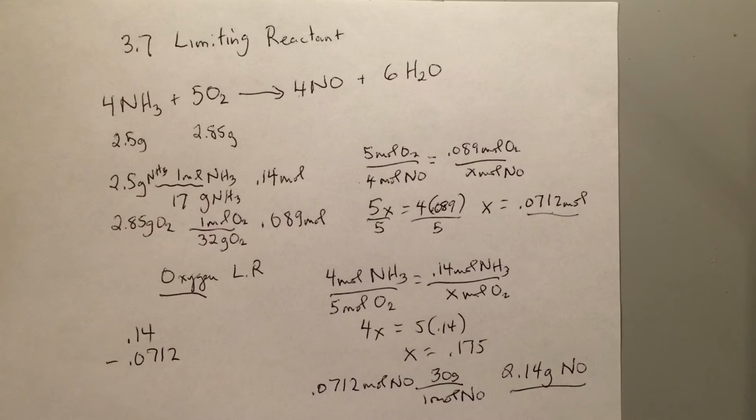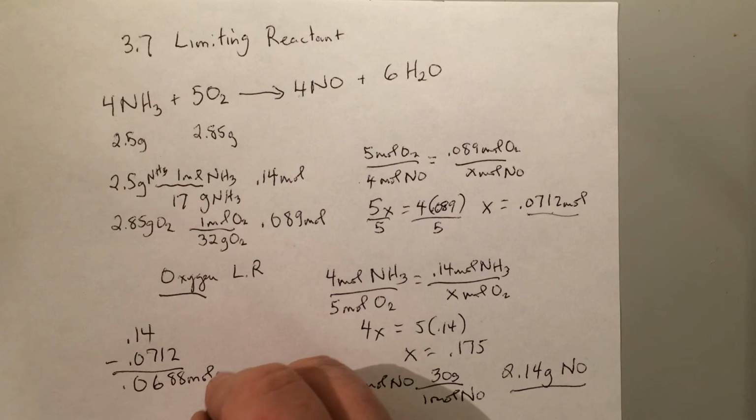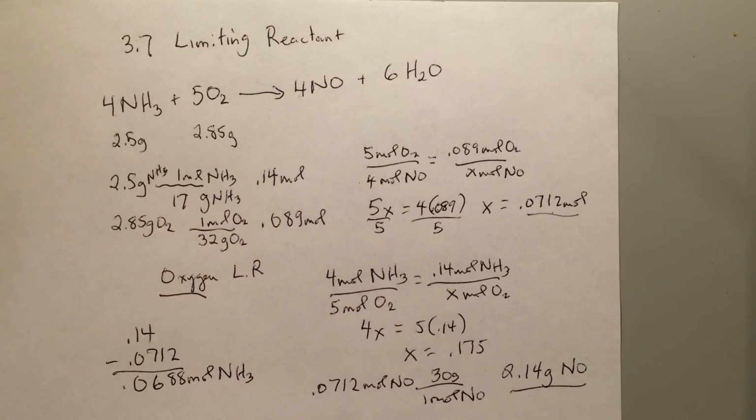So 0.14 minus 0.0712. That's going to give you 0.0688 moles left over. And this is asking for how much. It just says how much. You could say 0.0688 moles are left over.